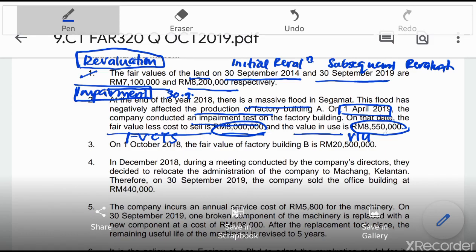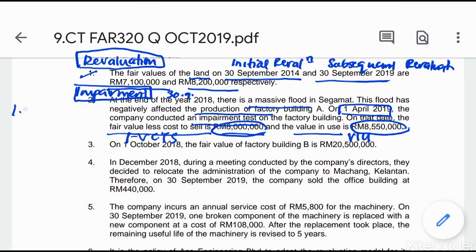You need to compare which of these two is higher, as the recoverable amount will take the higher of the two amounts. That happened also in the current year, which is on 1st of April 2019. Our current year actually starts on 1st of October 2018 up till 30th of September 2019.